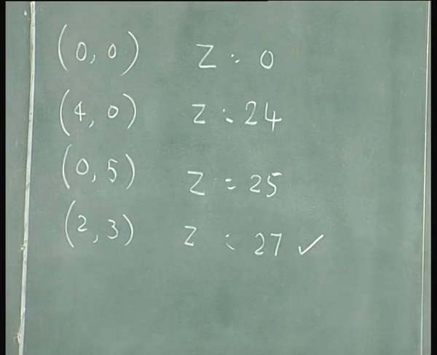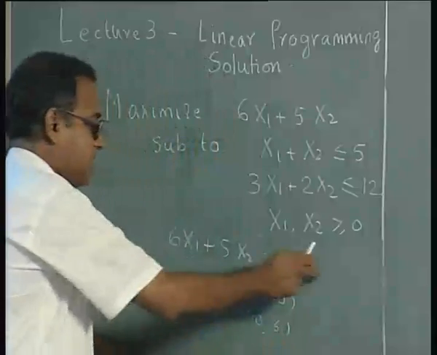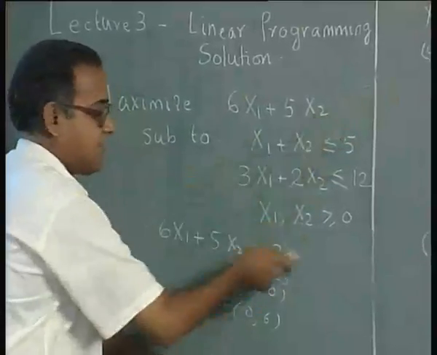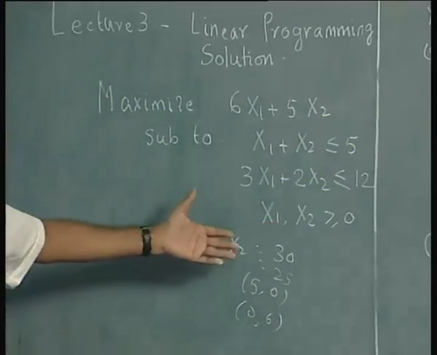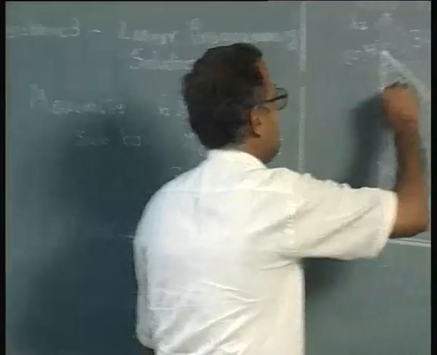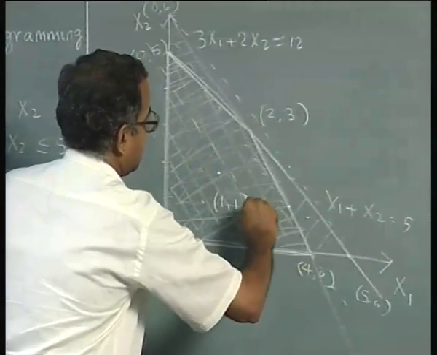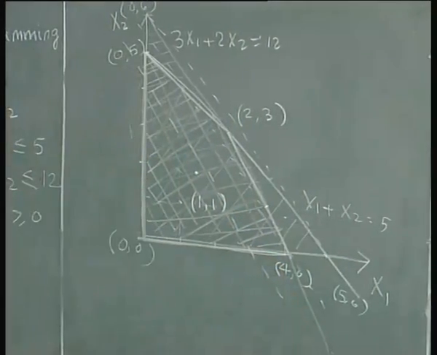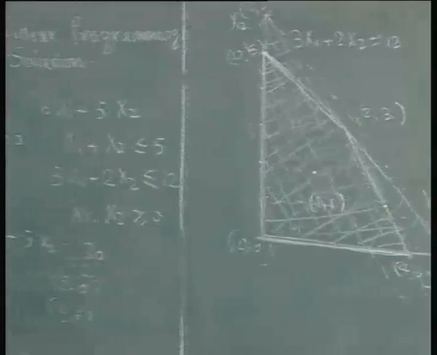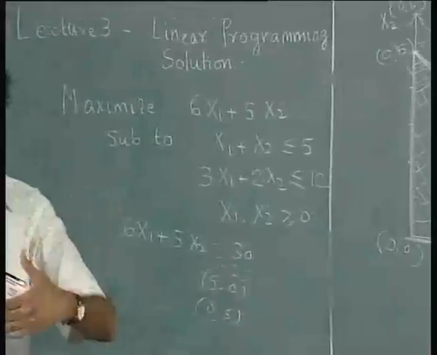We can also get to the solution in an indirect way. For example, we have already drawn the objective function line for 30 and 25. Suppose we draw it for, say, 15, then we will have the objective function line once again parallel, and it will be something like this. Now, we are interested in maximizing our objective function. So, we want our 6x1 plus 5x2 to take as big a value as it can.